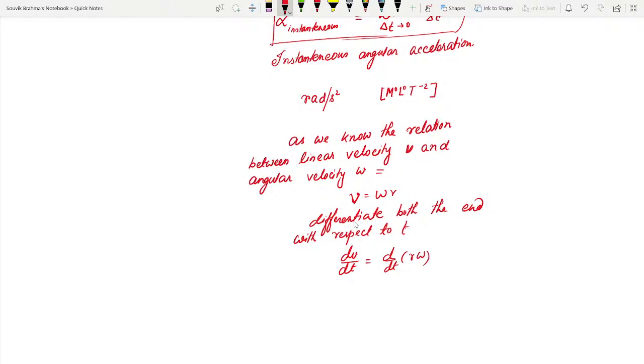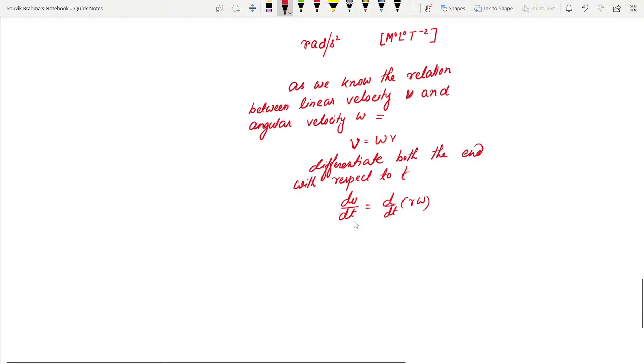Because r is constant, r comes out, so r d omega by dt equals dv by dt. We know d omega by dt is nothing but alpha, and dv by dt is a, so acceleration is equal to r into alpha.